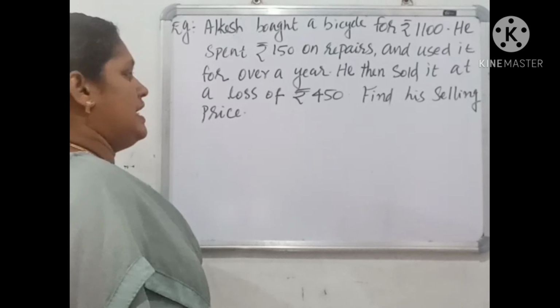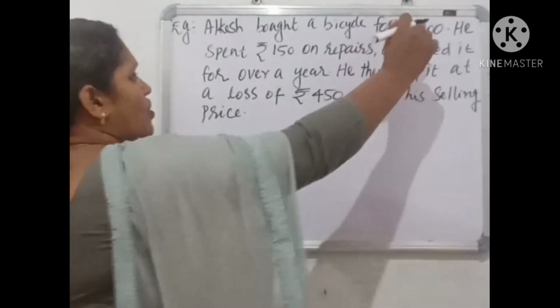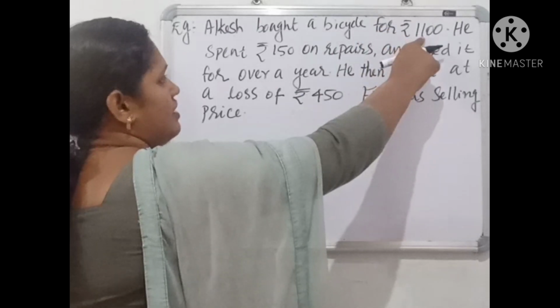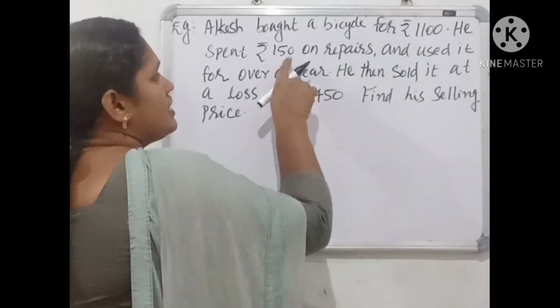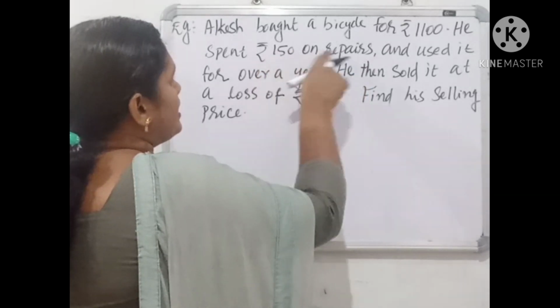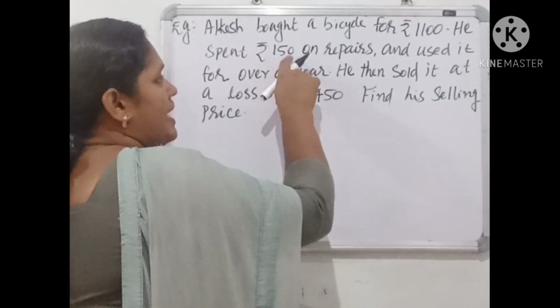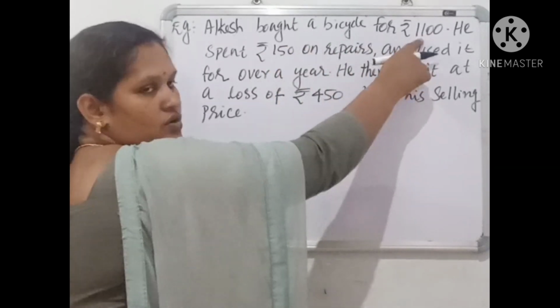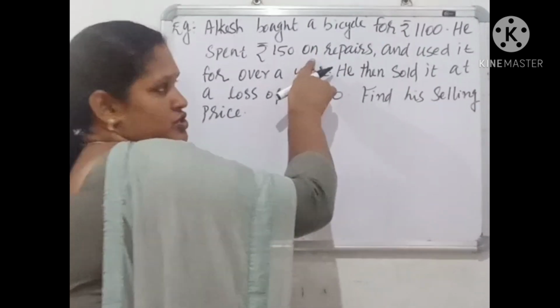Find his selling price. Here the cost price is given, 1100, and the repairs he spent, rupees 150. That also we have to add to the cost price. Cost price includes the repairing cost also.